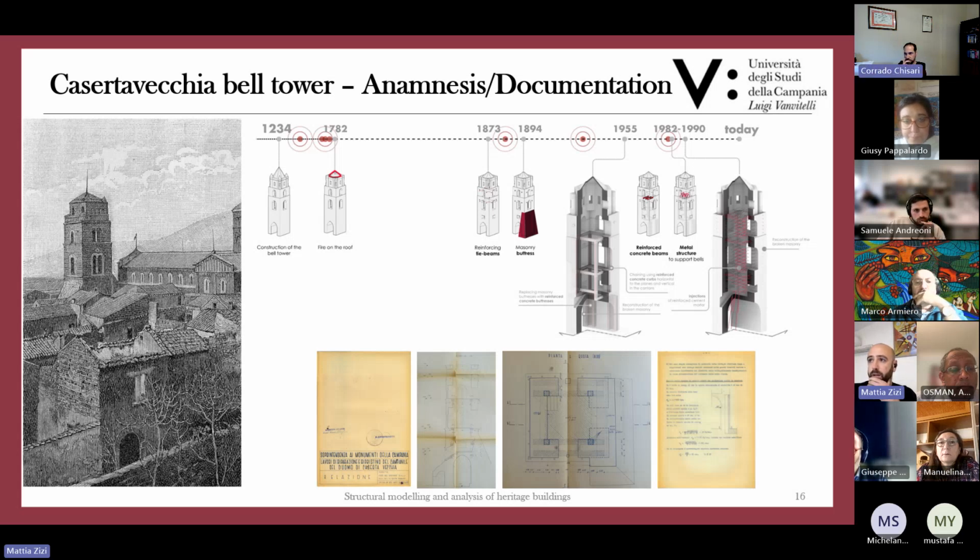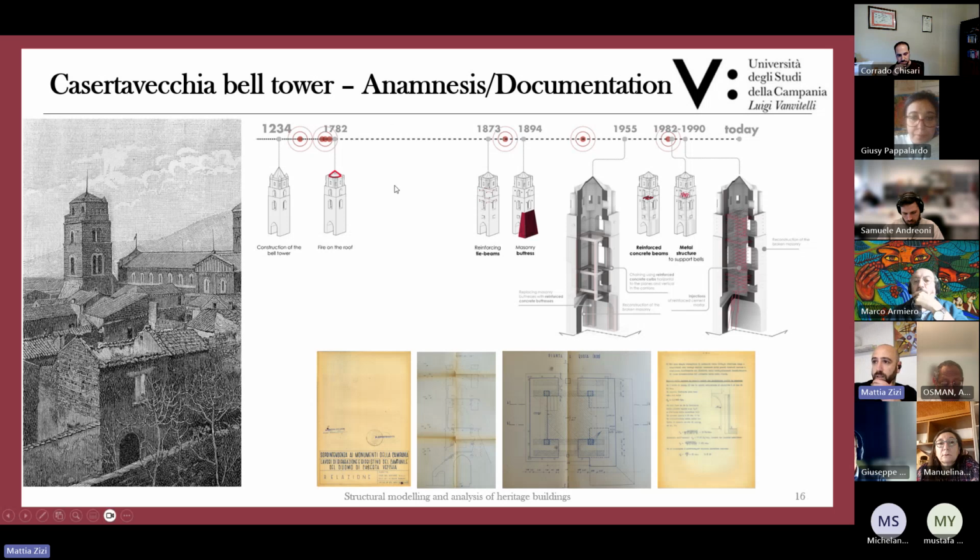In particular, the tower experienced a lot of later interventions, and the current configuration is very different from the original one. For example, in 1782, the roof was destroyed and reconstructed in a different way.